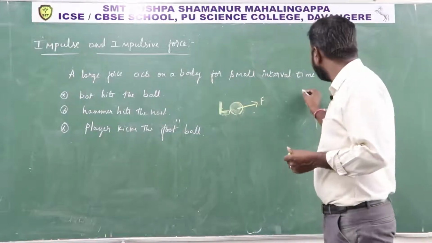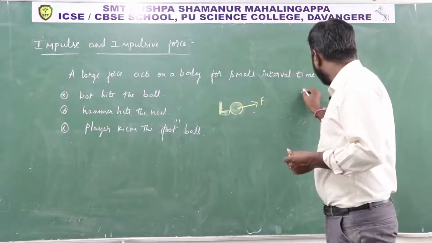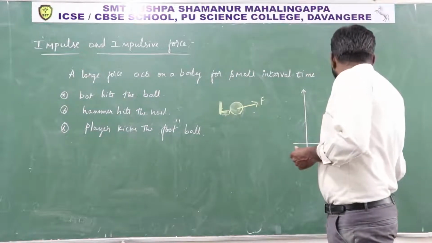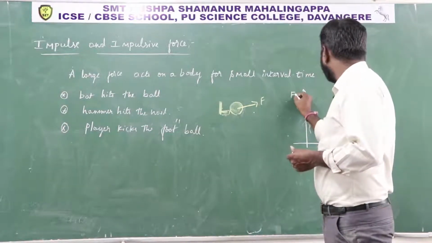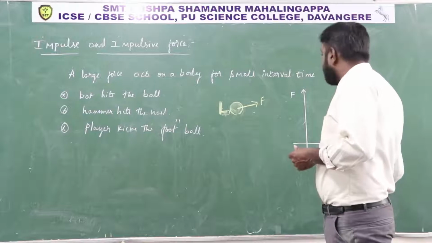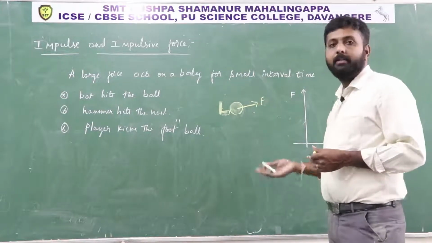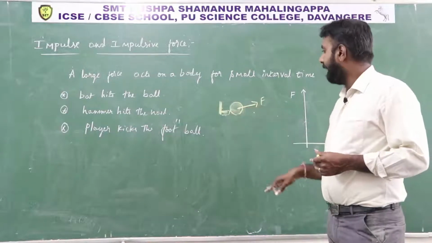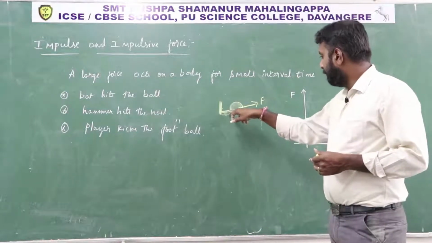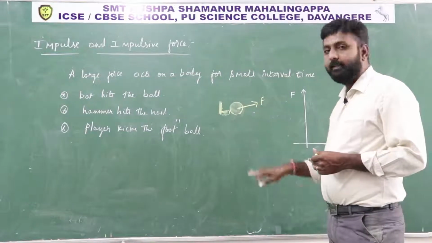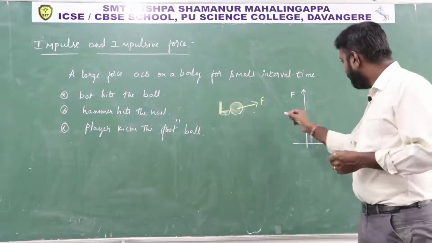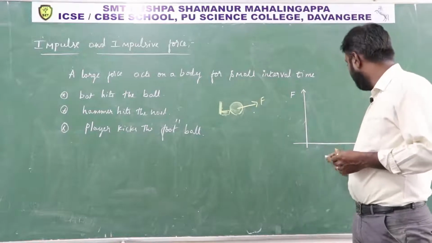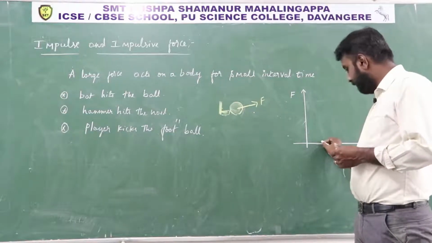So in this case, if we want to plot a graph between force and time, imagine the situation here. Before the contact between foot and this ball, there is no force acting on this football, isn't it? So force is 0.